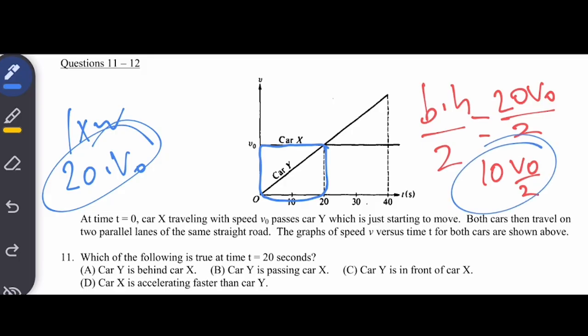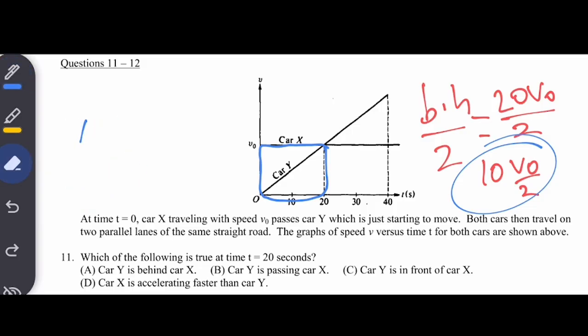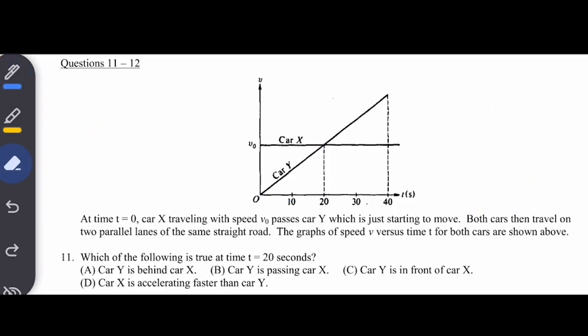And since car X has a greater displacement than car Y, that means that car X has traveled farther than car Y has traveled. And if something has traveled farther than another thing, that means the thing that's traveled farther is ahead of the thing that hasn't traveled far enough. So that being confusing, let me go ahead and draw that out real quick. So they both start from here.